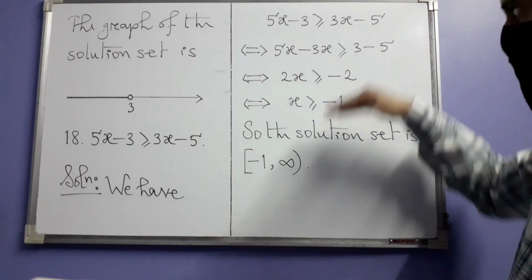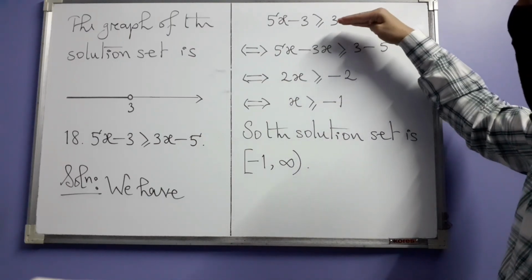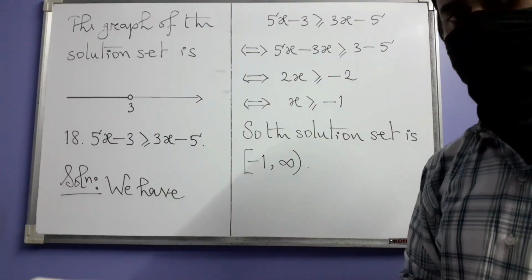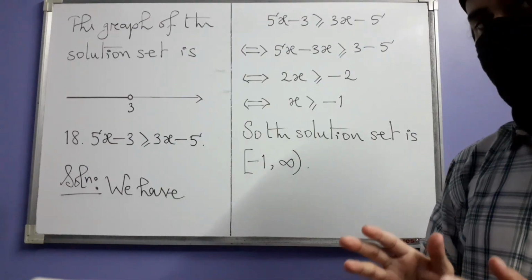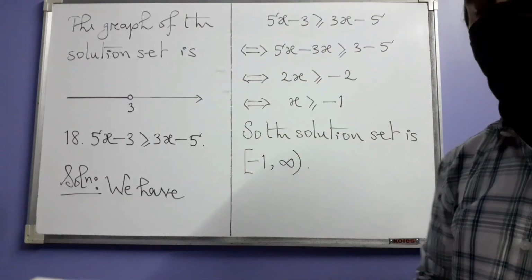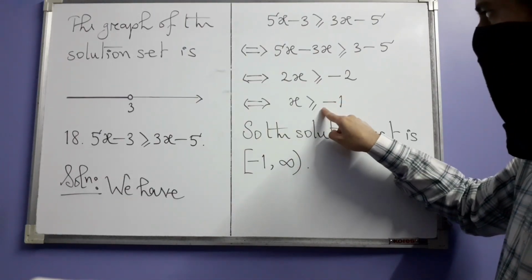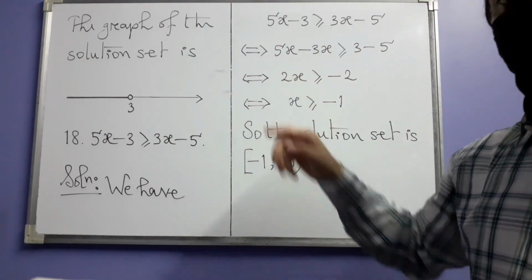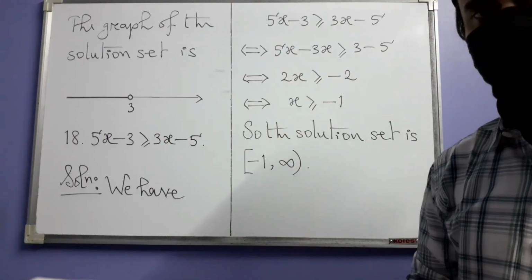But whatever I said just now is simply us coming to this from there. But can we go back? Unless you make sure that we can really go back, you cannot use this double implication. If you start from here, what should you do to get to this? You multiply both sides by 2 this time.